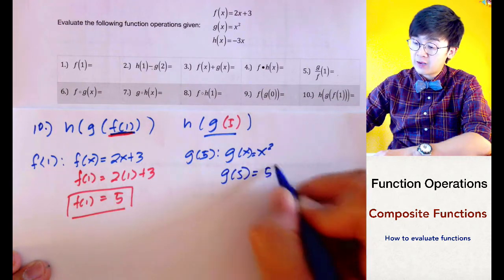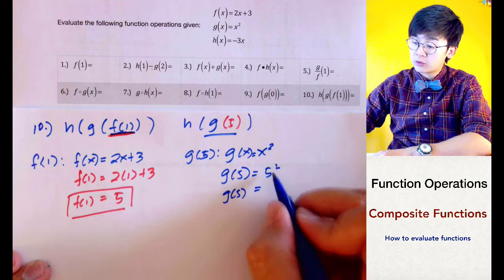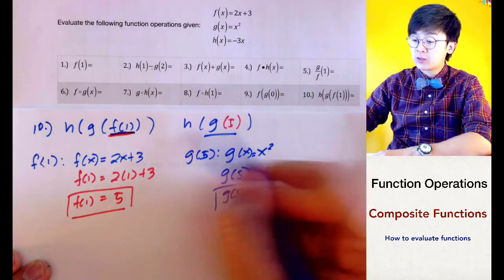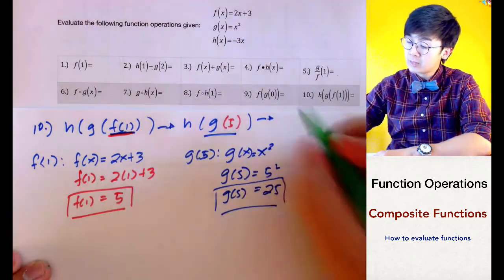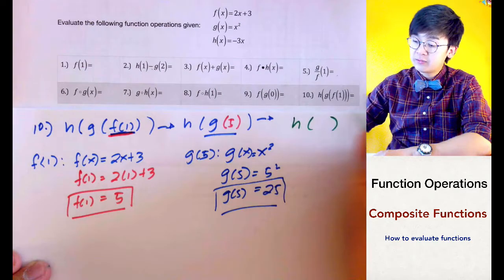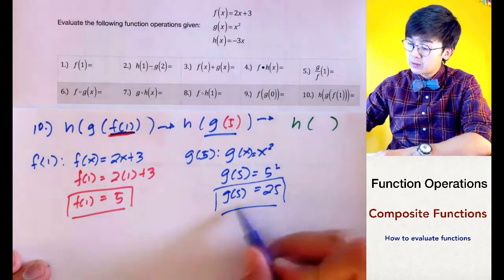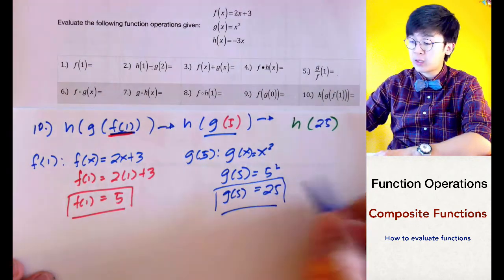So we'll have 5 squared, and g of 5 is now equal to 25, which means we are now going to evaluate h of g of 5, which happens to be h of 25. So g of 5 is 25, so we will replace this by 25.